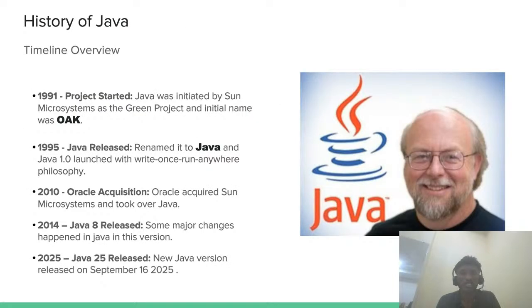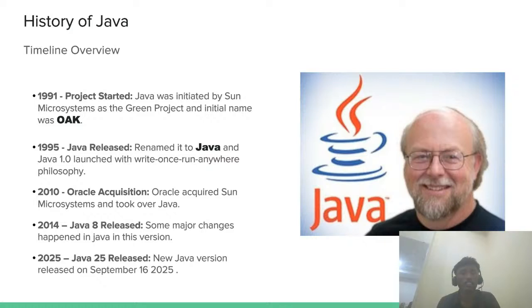Next, the history of Java. Most of them don't ask about the history of Java, but it is better to know if someone asks who invented Java. In 1991 the project started. Java was initiated by Sun Microsystems as the Green project, and the initial name was Oak.